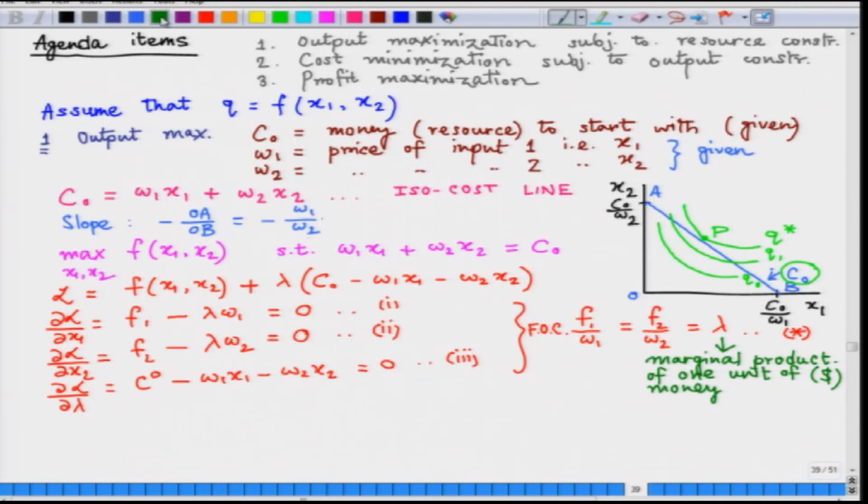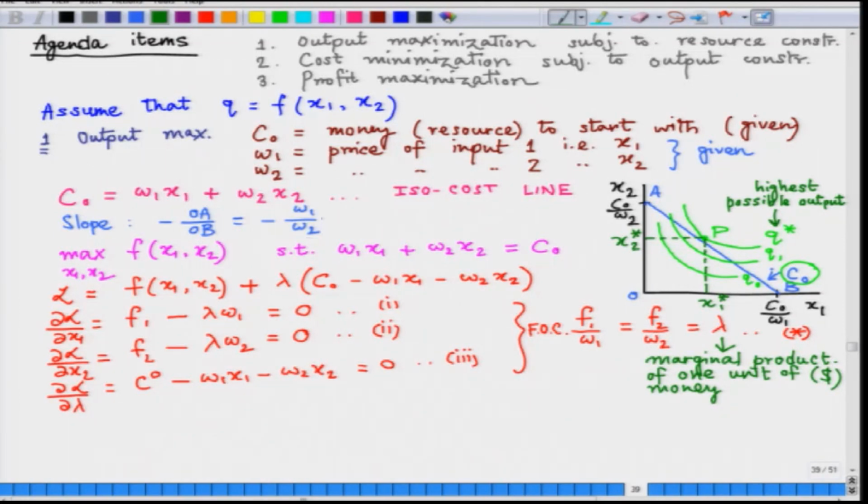So, now we can see that the firm finds optimal levels of input x1 star and x2 star such that it attains the highest possible level of output, right.